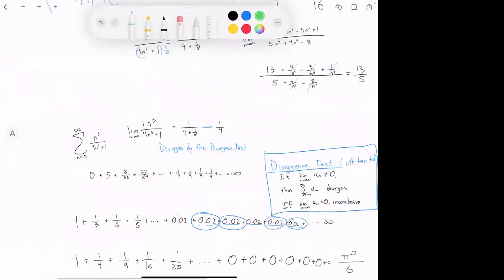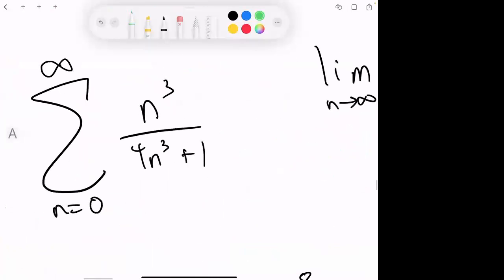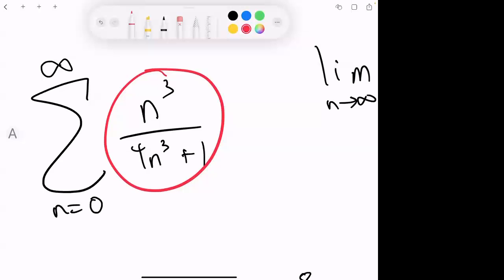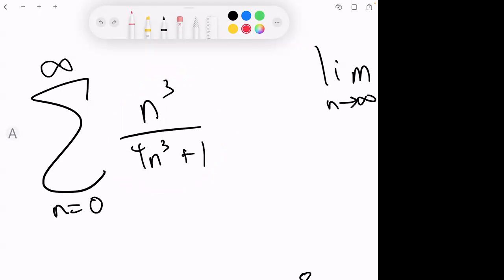So for a series such as this one, where the terms are of the form polynomial over another polynomial, and I observe that the degrees are the same, then I know that the ratio of that is 1 over 4. And since it's not 0, then that is a divergent series by the nth term test.